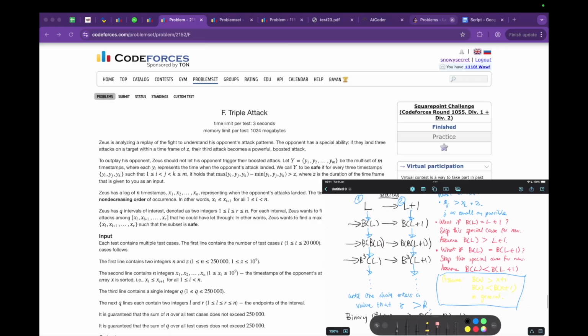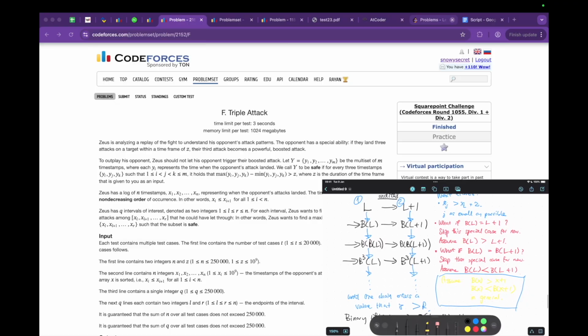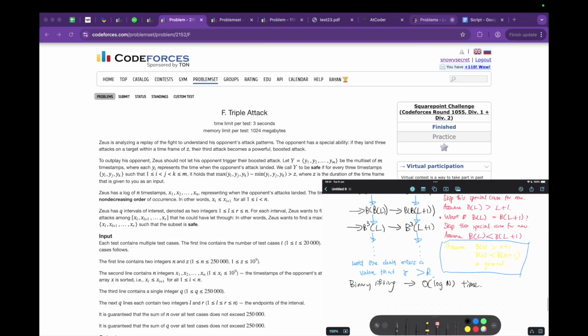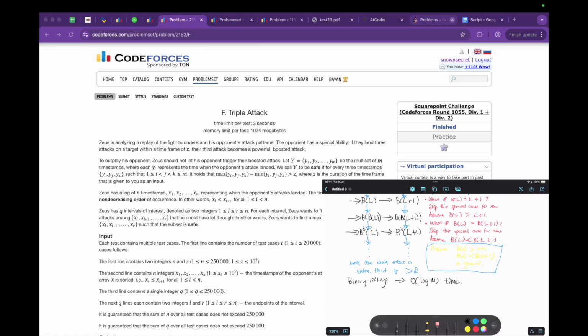So basically for anything that involves applying the same function many times, we can speed it up using binary lifting, and that would achieve logarithmic time instead of linear time.